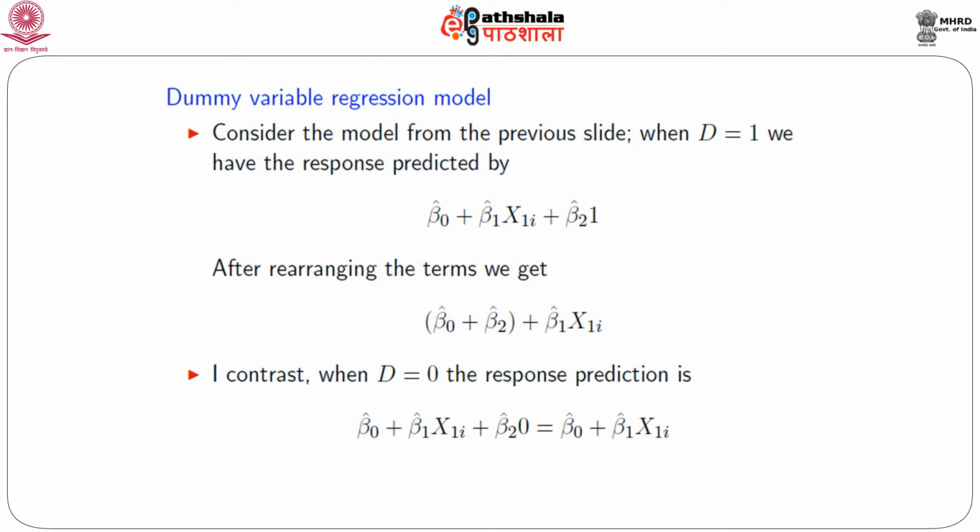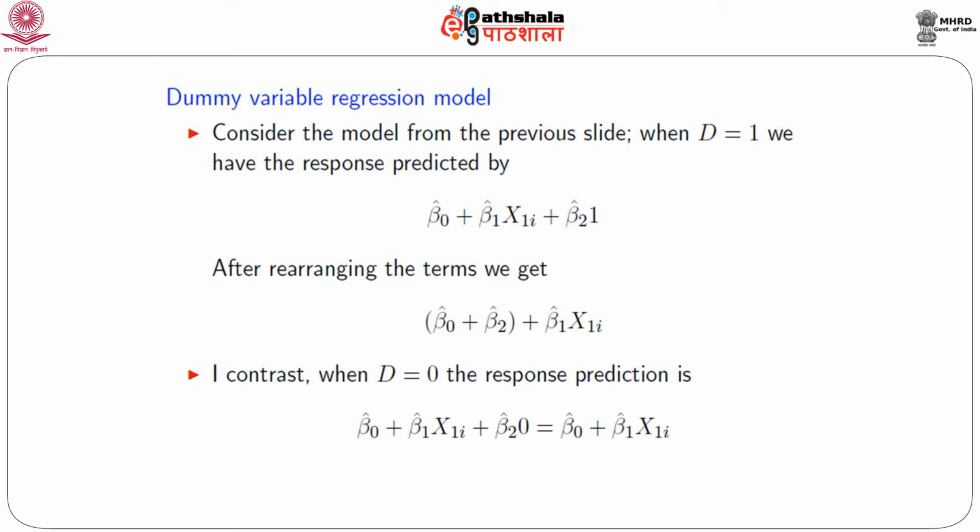Rearranging the terms, we can write the predicted value of the response as beta naught hat plus beta 2 hat plus beta 1 hat x_1i. In contrast, when d equals 0, the response is beta naught hat plus beta 1 hat x_1i, and the third term vanishes because we replace d by 0.